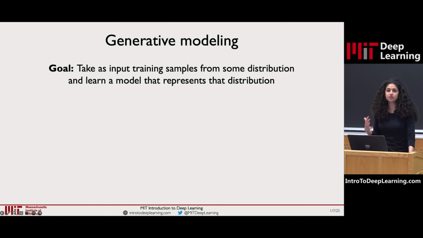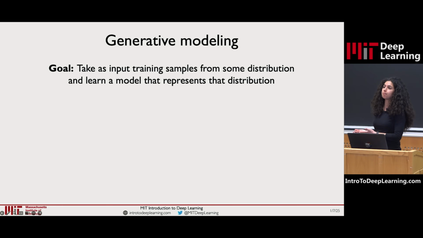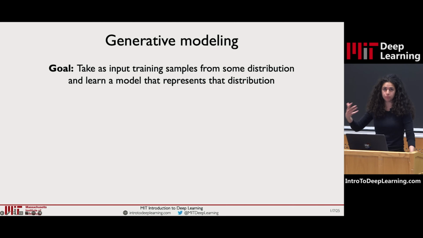And really, the fundamental principle of generative modeling, which is a type of unsupervised learning, is that given samples from some training set, we want to learn a model that represents the distribution of the data that we have sampled from. And we can use such a generative model that models this probability distribution in a couple of ways.